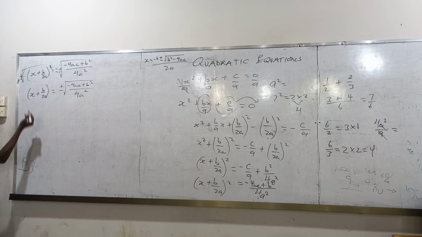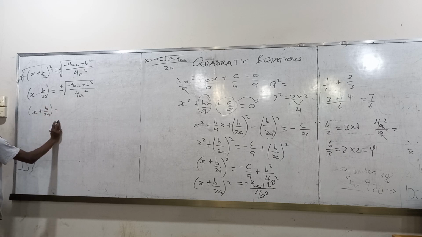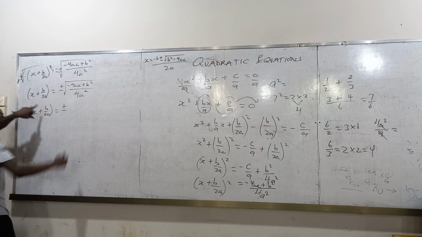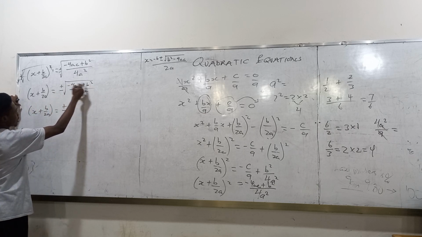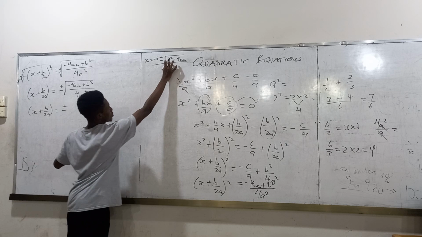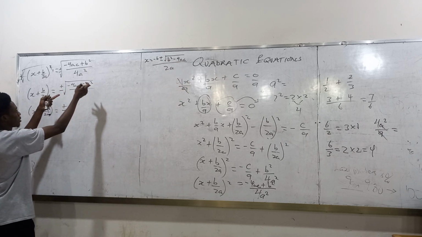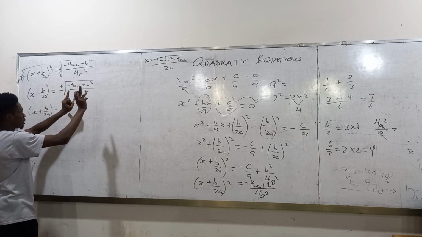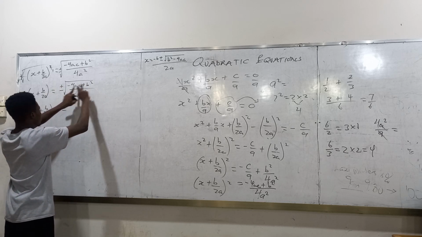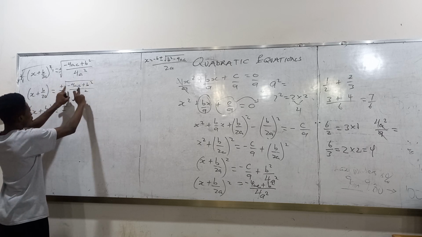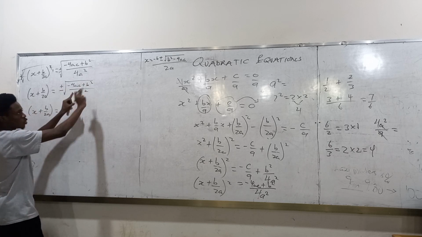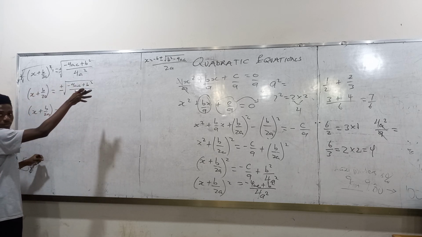So we continue: x plus b over 2a being equal to plus or minus. Please, from here, I just want to interchange it so that it will look like this, because it's the same thing. It's mathematics. Addition is commutative, subtraction is not commutative, but you can write it this way, just that you know how to write it so that it will say the same.